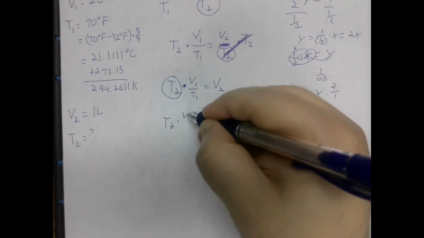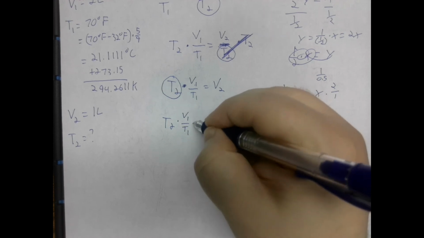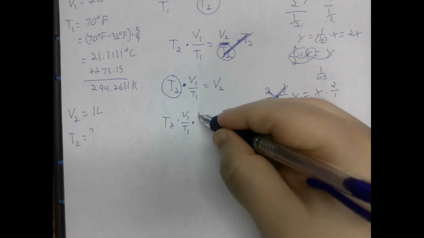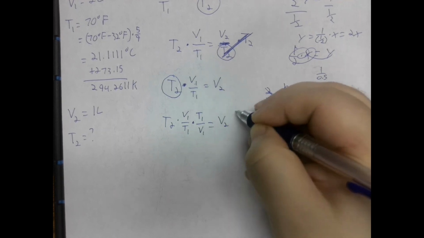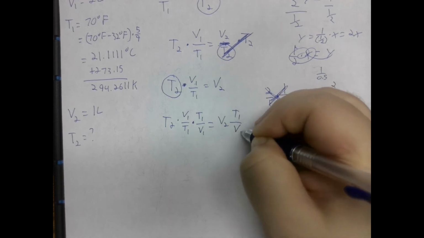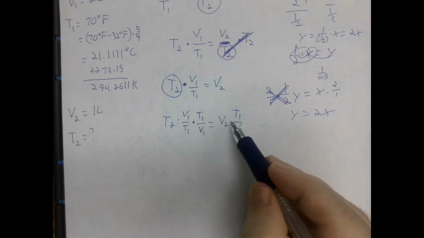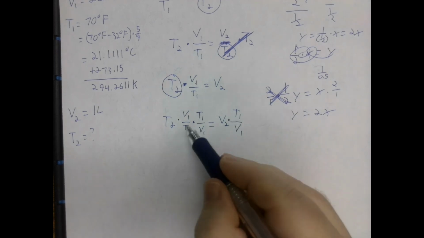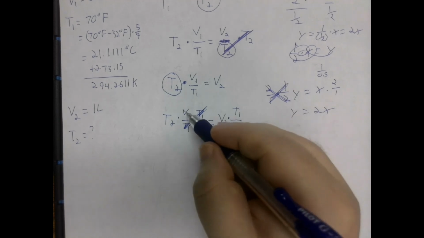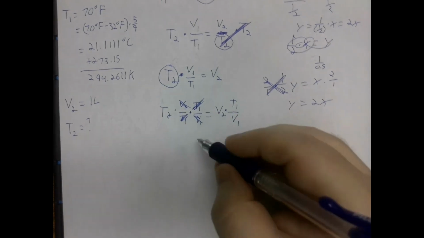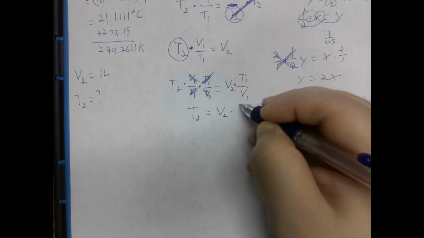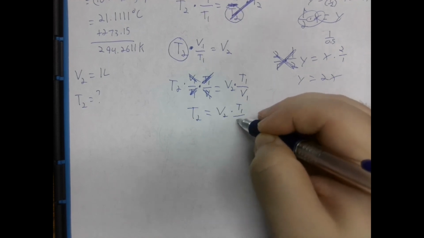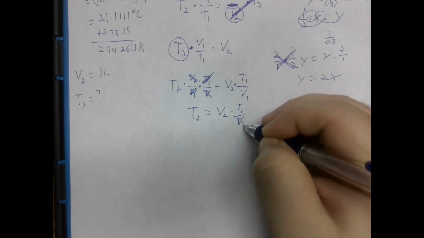So for T2 V1 over T1, we can multiply the left side by the reciprocal. T1 and T1 cancel each other out. V1 and V1 cancel each other out. And so your final temperature is V2 times T1 over V1.